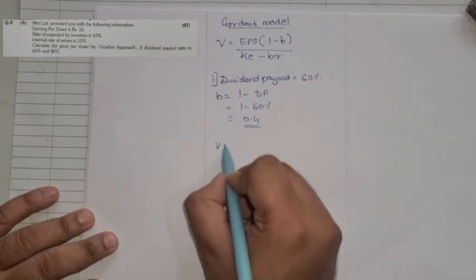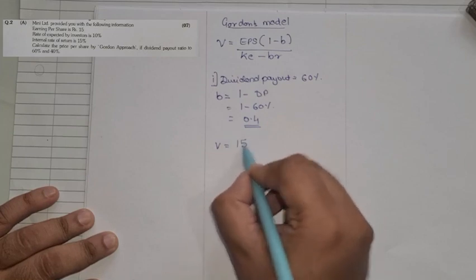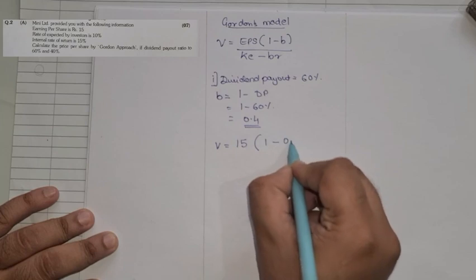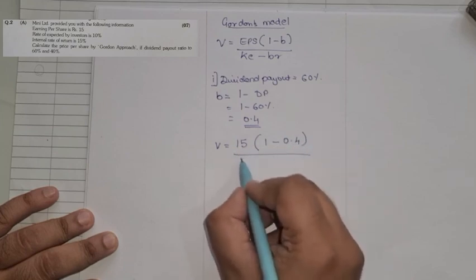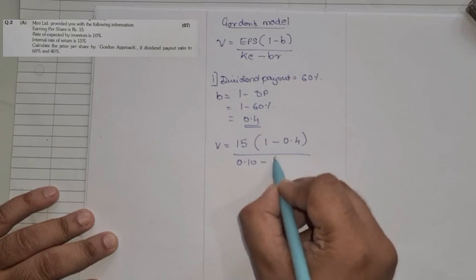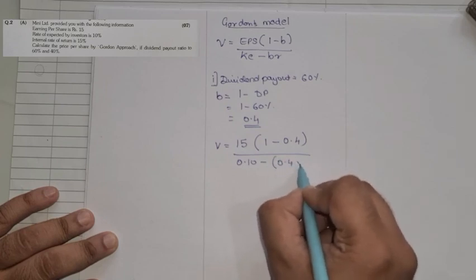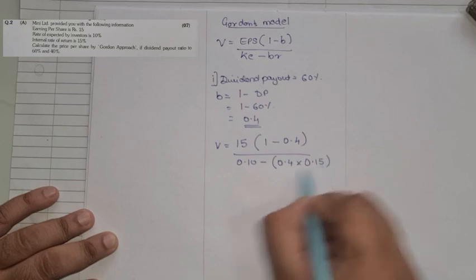Now we can find V is equal to earning per share. Earning per share is already given in the question as 15. 1 minus B is 0.4 upon equity cost of capital. Equity is given as the rate expected by the investor is 10%, so 0.10 minus B, that is 0.4, into the rate of return, which is 15%, that is 0.15.